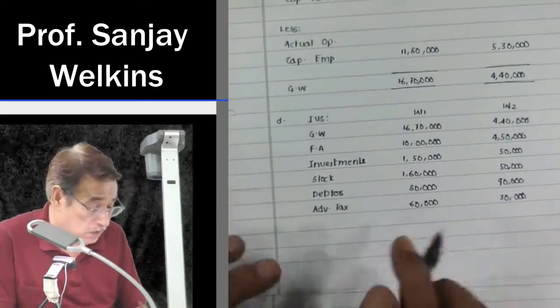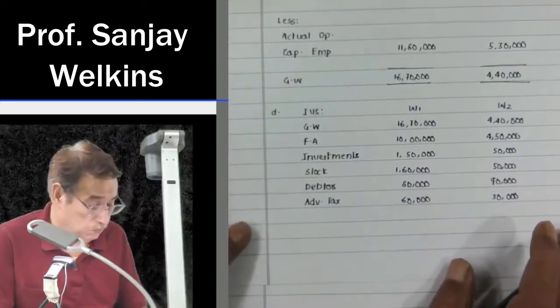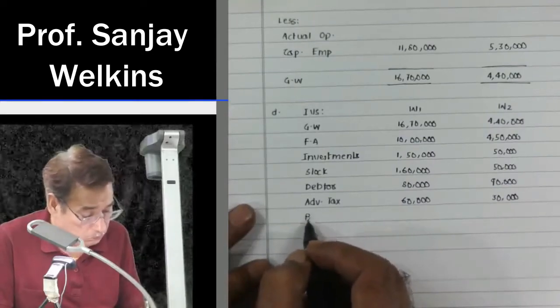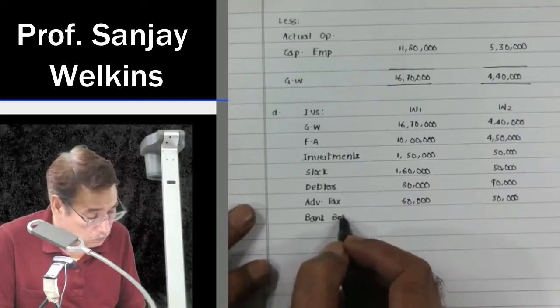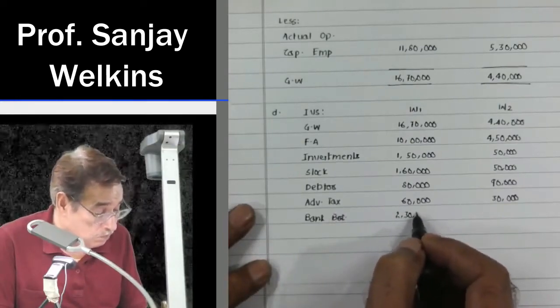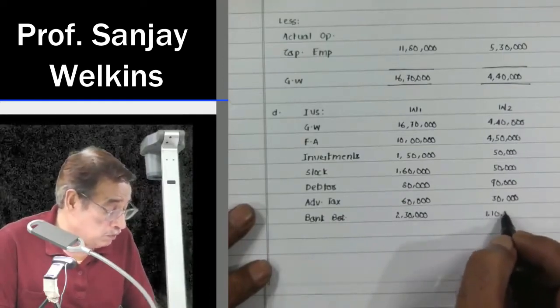Bank balance also, bank balance 2,30,000 and 1,10,000.